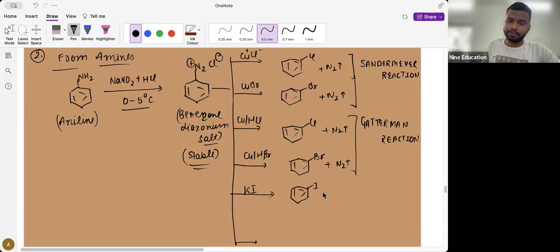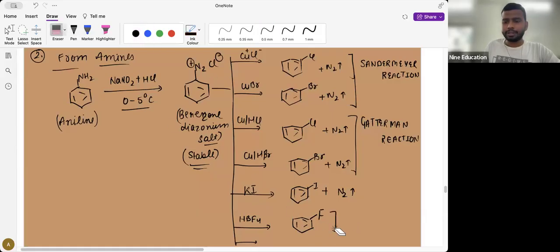Last one, let's say you have KI and you will make iodobenzene. Last one, if I have HBF4, here we get fluorine, right?